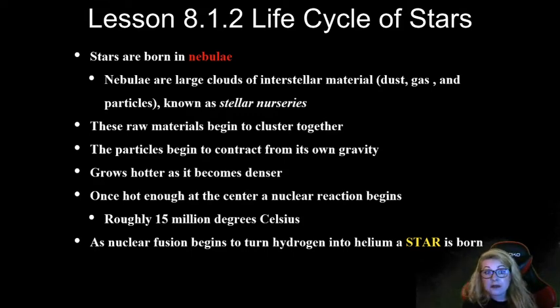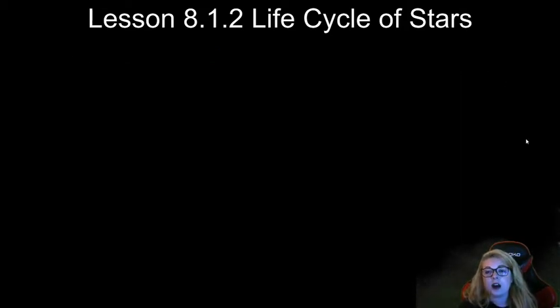This happens at roughly 15 million degrees Celsius, so hot, okay? And as nuclear fusion begins, it turns hydrogen into helium, so hydrogen gas turns into helium gas, and a star is born, okay?